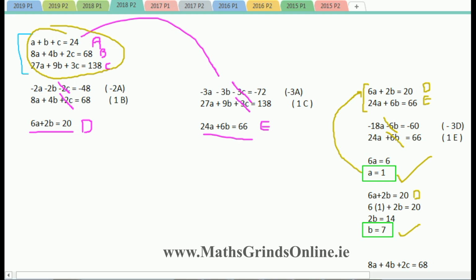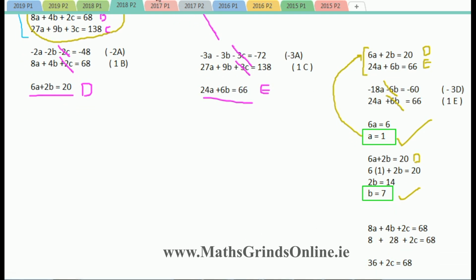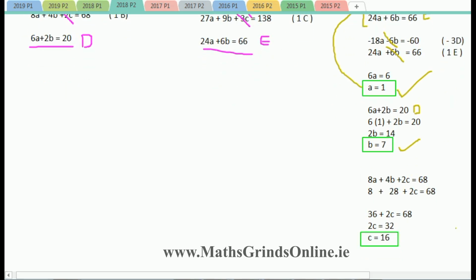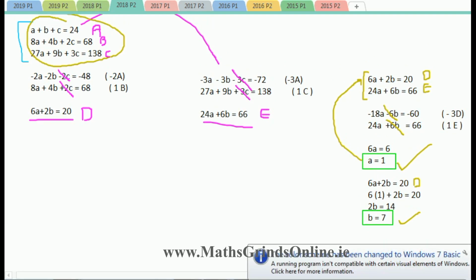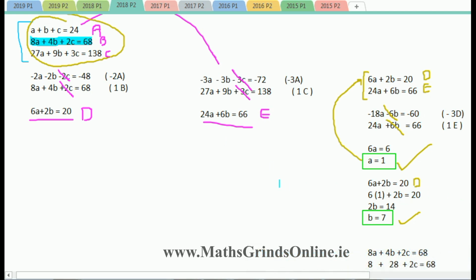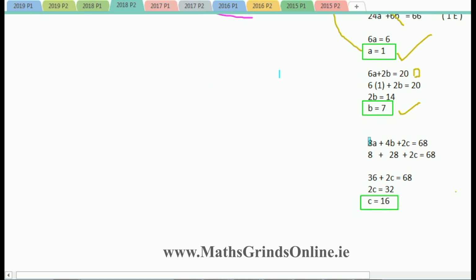Now I am choosing, I'll just scroll back up the screen there. I'm going with equation B there. I'm just going to grab a highlighter, go with this one here, and I'm going to sub in a and b, and I'm going to work out what c is. So there's equation B written out there again in blue. Okay, so we know a, it's 1, we know b is 7.